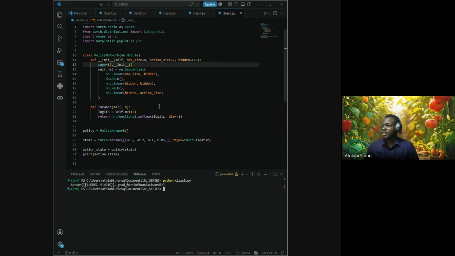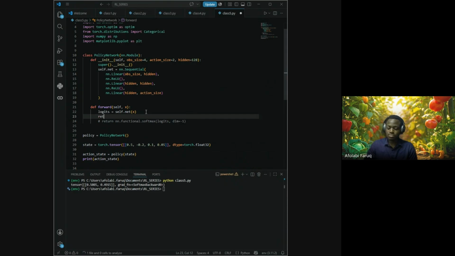Let me copy this and return the logits to see what that would look like without softmax.